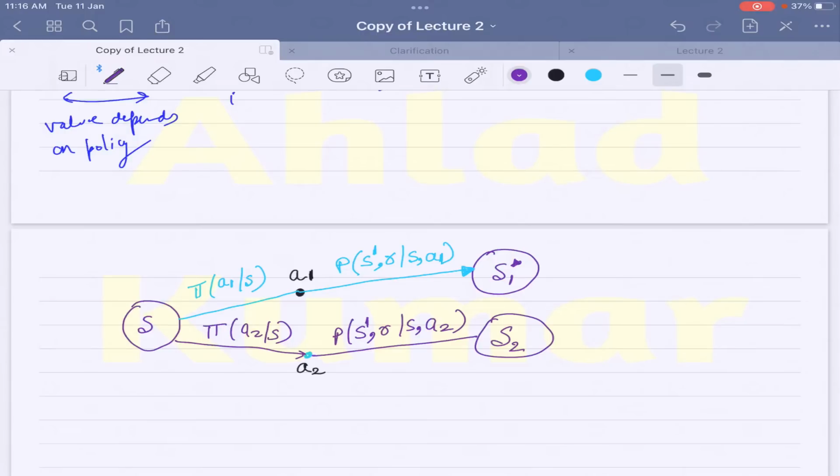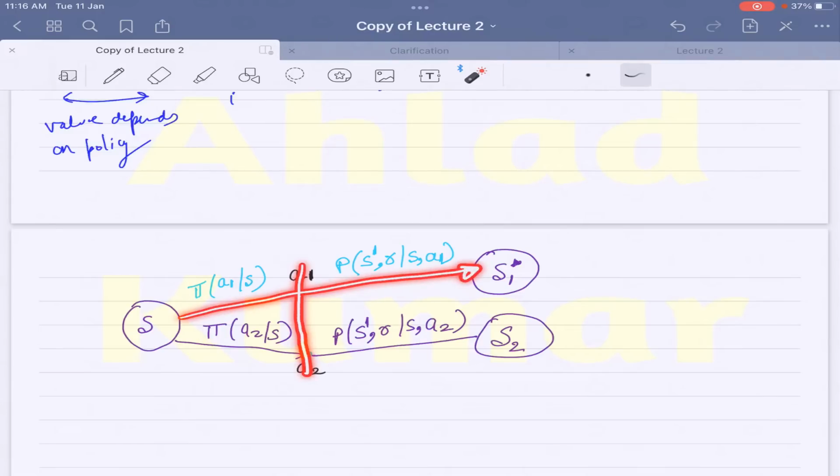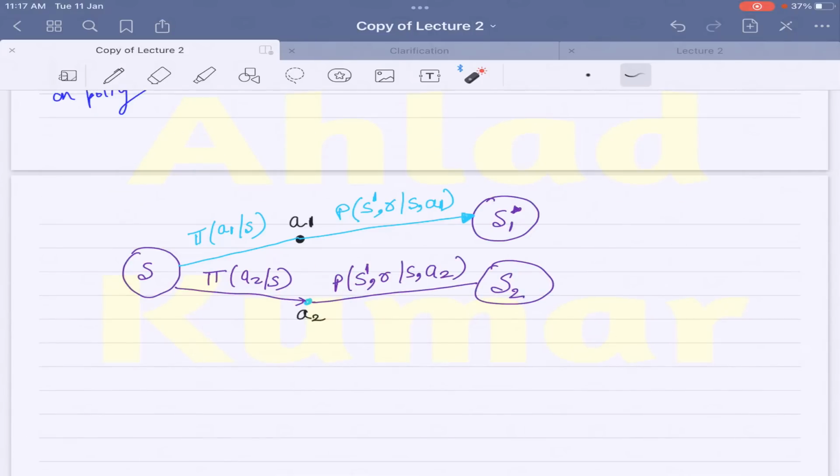So you are ending up in the futuristic states based on the intermediate probabilities that are happening in case of Markov decision process. Earlier there was no actions involved, so you are going straight away from here to state S1. And the important point here is that the rewards are actually jointly incorporated within this joint distribution. So that means, in case of Markov reward process, as I was telling you, there are no actions involved.